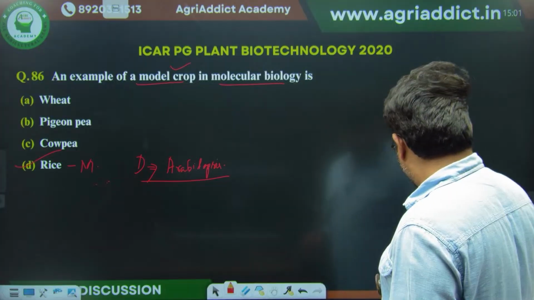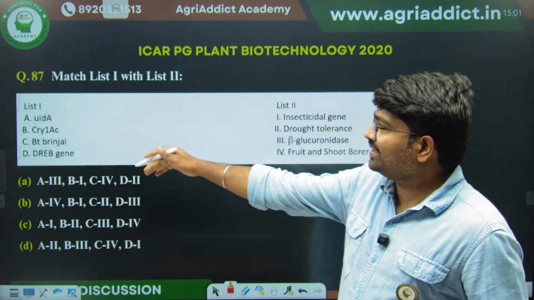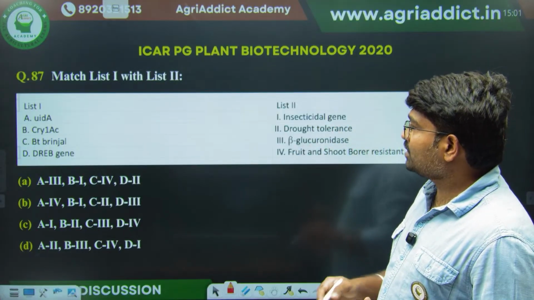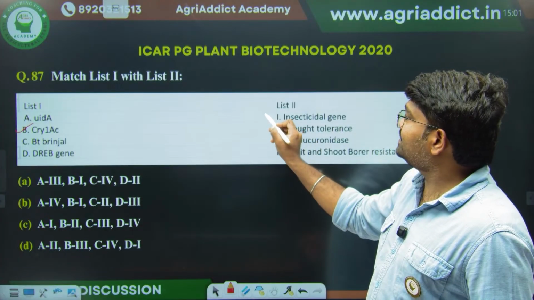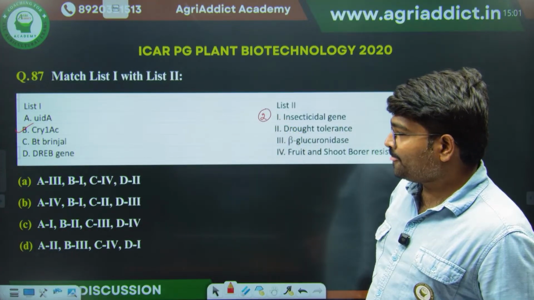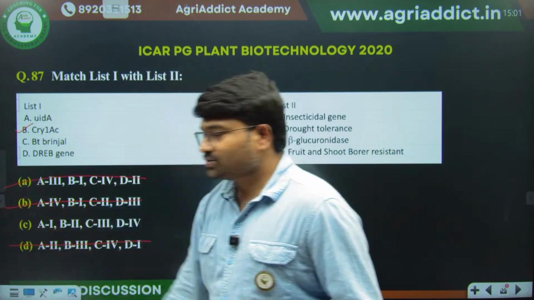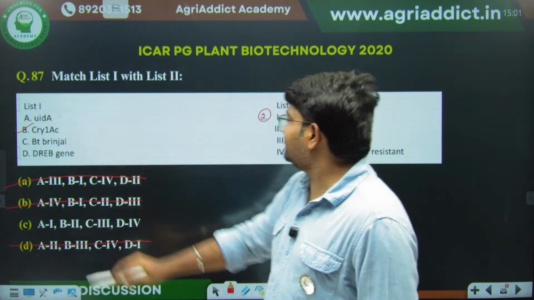Very good. See, match the following, a simple question only. They have given the different genes and what property each has. We know Cry genes, we have already seen this. Cry genes are for insecticide resistance. So option C will be the right answer. Correct. UidA is what?